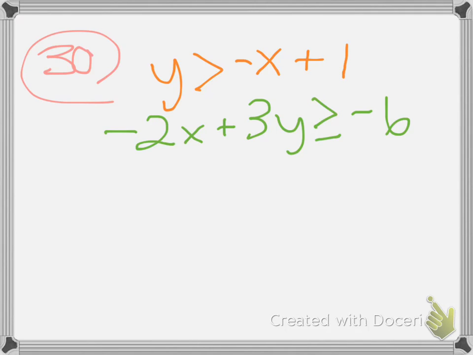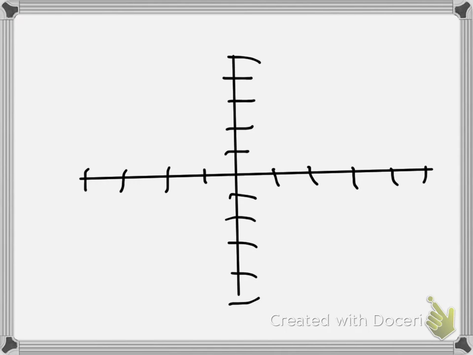Looking back, we see that our y-intercept is 1. So with orange, I'm going to go to the 1. My slope is negative 1.